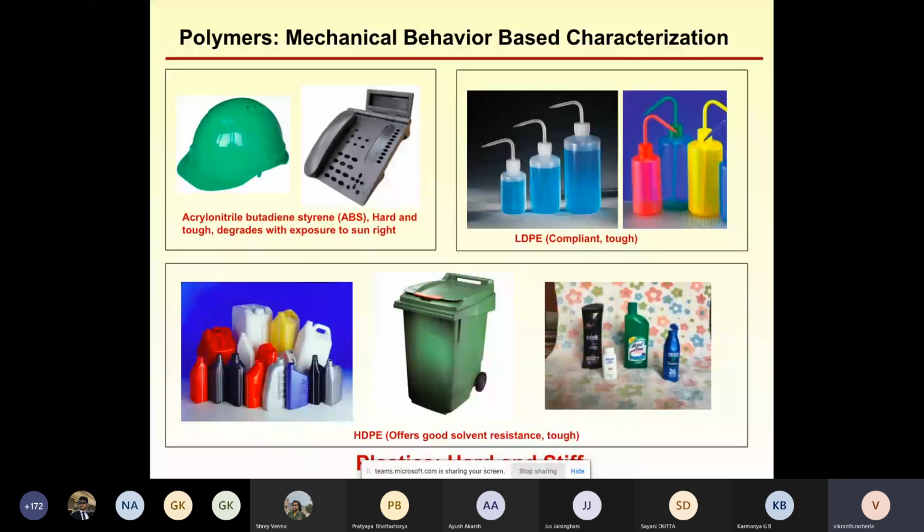You want something which is hard, tough, and can be exposed to sunlight, you go with high density polyethylene. You want something which is very hard, then you go with this ABS material. And you want something which is very tough and transparent, you go with polycarbonate. I know these are a lot of names, but fine. So these are some of the plastics which you use.